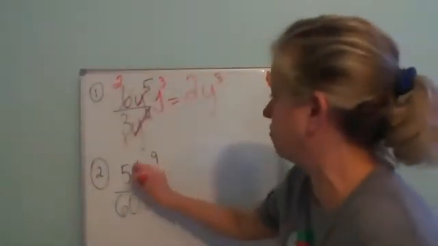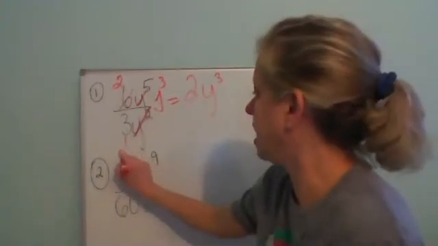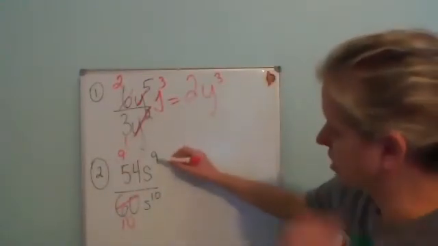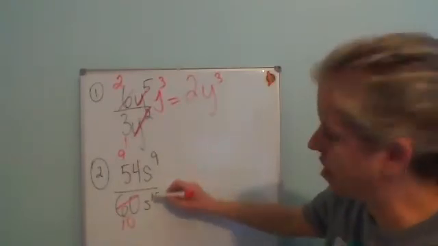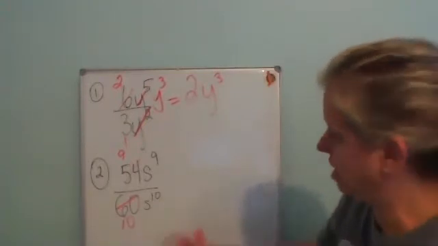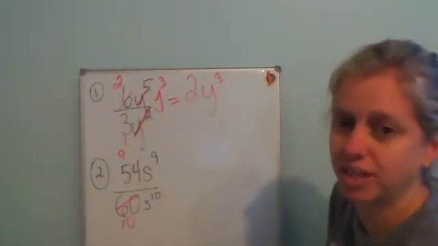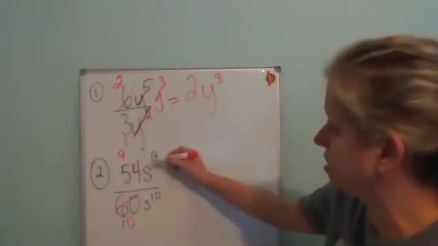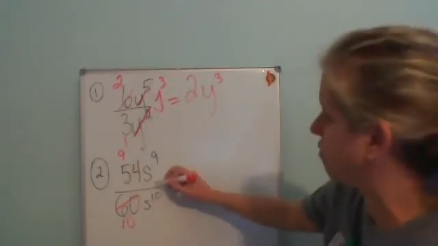So this 54 over 60 reduces to 9 over 10. Now, if you'll notice on this one, I have s to the 9th in the top and s to the 10th in the bottom. So when I subtract, if I do 9 minus 10, I'm left with negative 1. A negative exponent just means to put the s on the other side of the fraction bar.